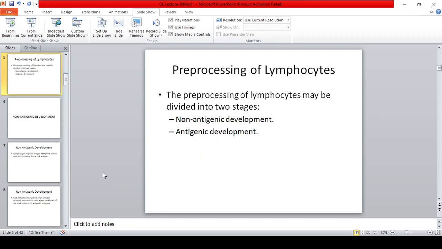Now we can divide this pre-processing of lymphocytes into two stages. Number one, non-antigenic development, and secondly, the antigenic development.